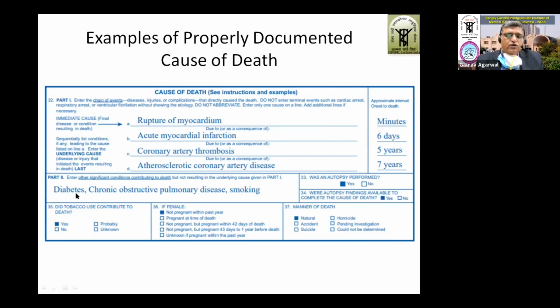And it must also list the other comorbidities or the co-existing illnesses: diabetes, chronic obstructive pulmonary disease, tobacco usage, smoking, and all other things which can contribute to the patient's death. If you have information about any specific physiological or other components, if you have a suspicion of any foul play which would make this a medical legal condition, of course the death certificate has to be a medical legal certificate.